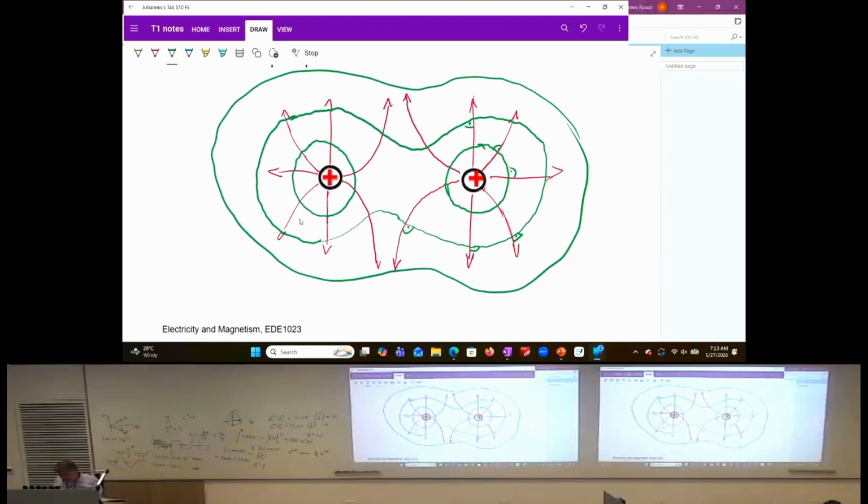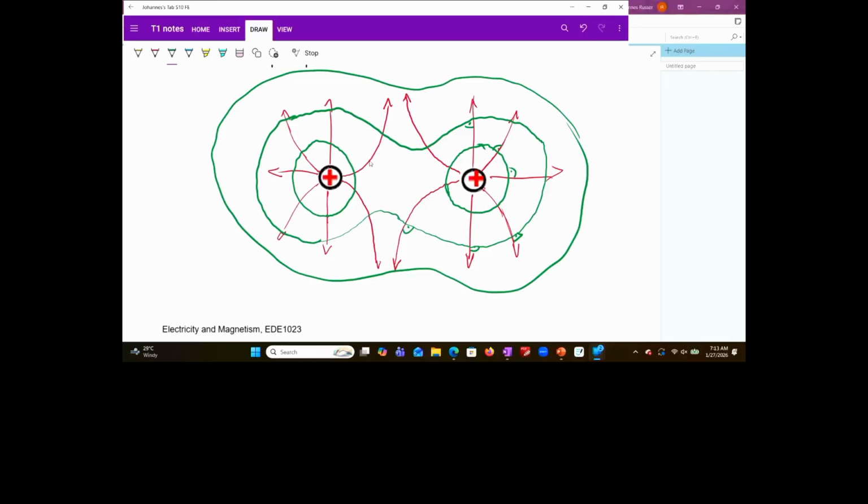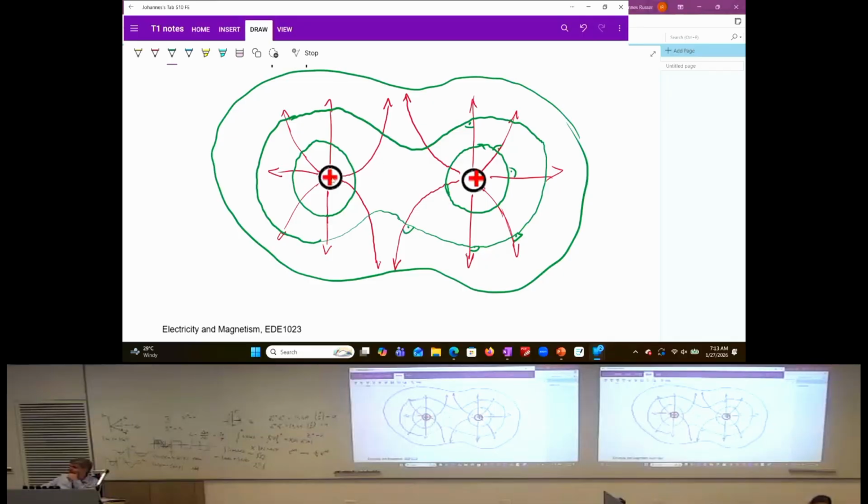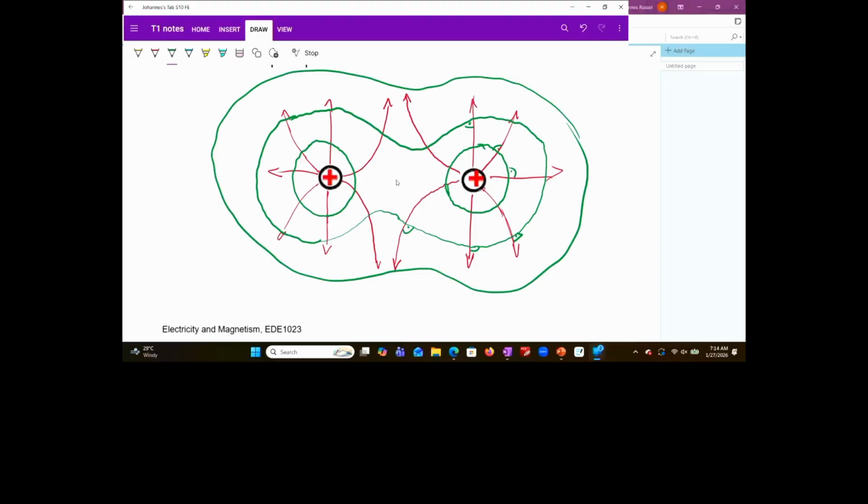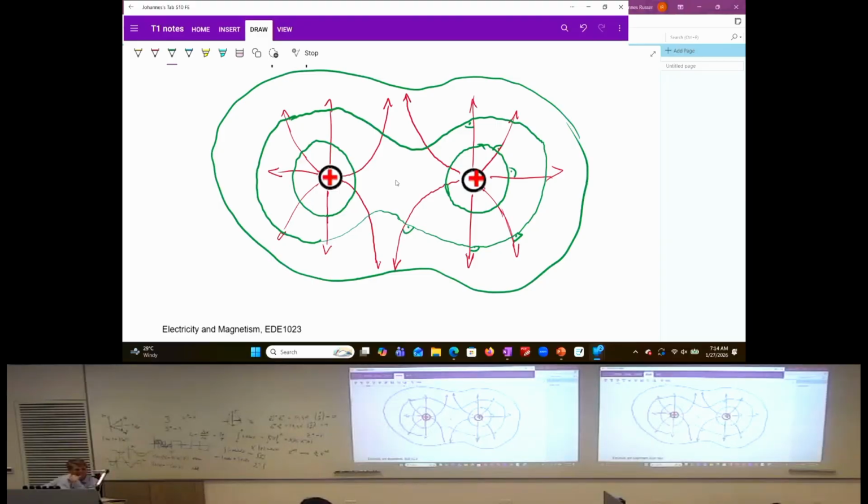And what happens if you have a charge right here, may it be some test charge, positive or negative, what kind of force is acting here if you have it perfectly centered between these two charges? Anyone? No?